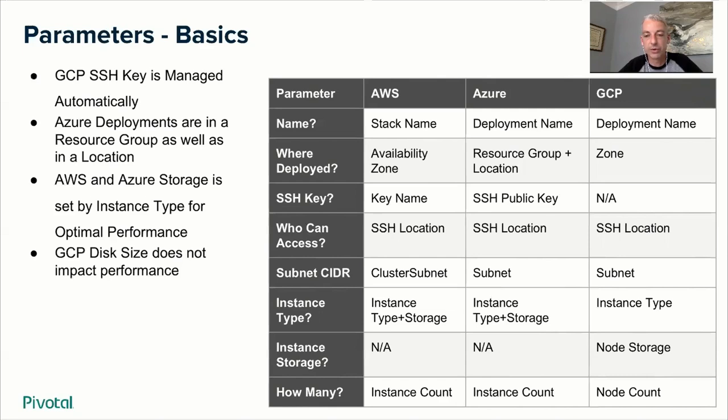In GCP, the size of the disk and the number of disks doesn't matter for performance. So that's why we've separated the instance type from storage. And then how many nodes do you want to actually deploy?